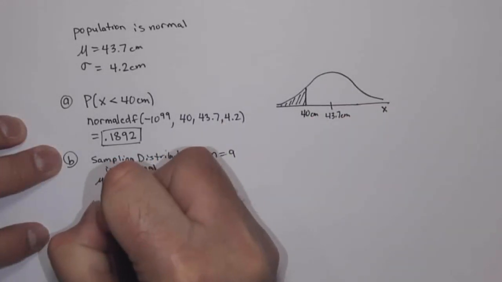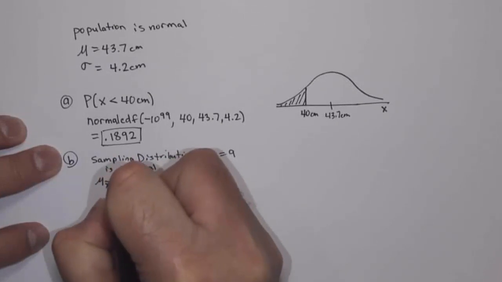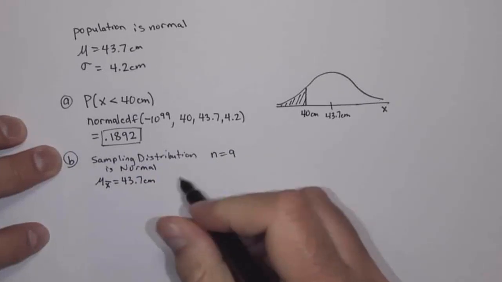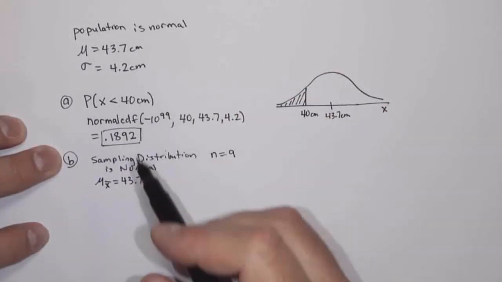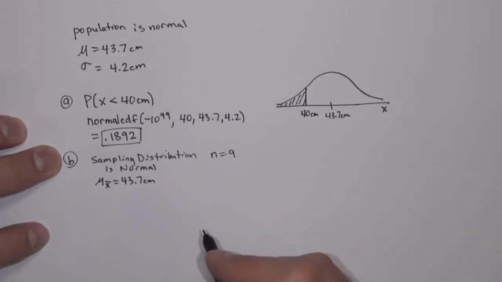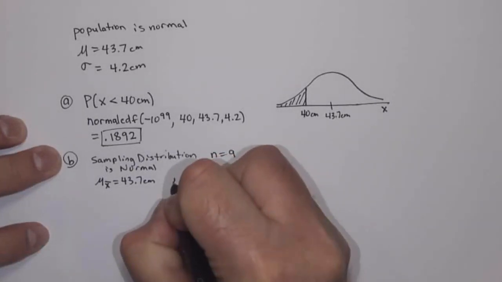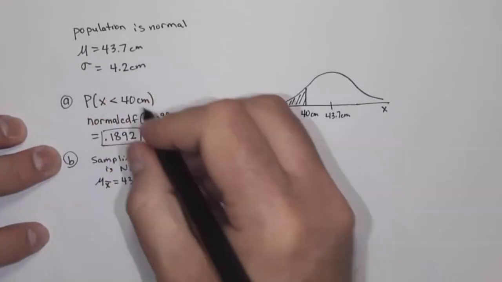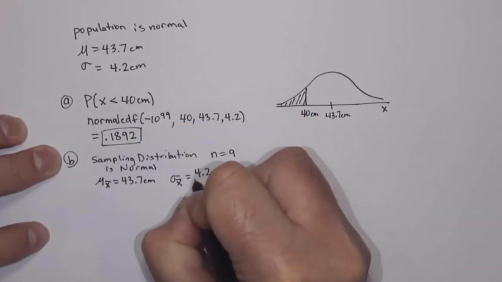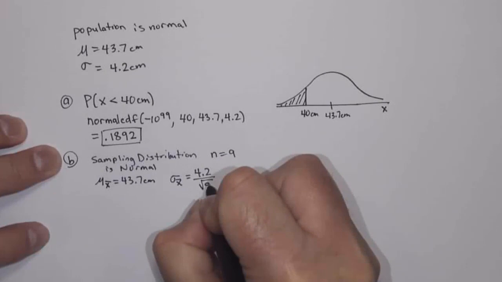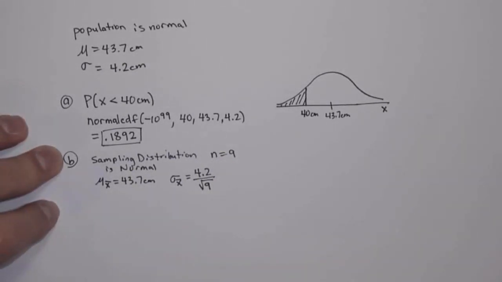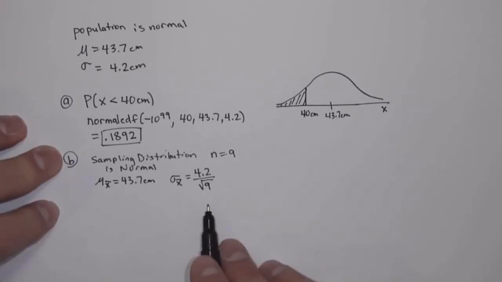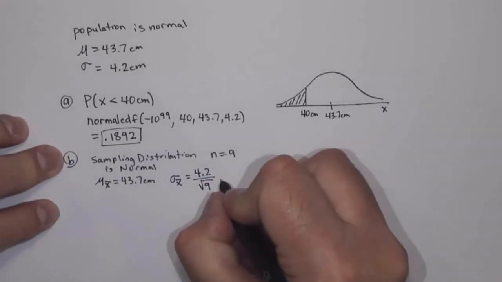The mean of this sampling distribution of X bar is going to equal 43.7 centimeters, which is the same as the mean of the population. We know that from our previous theorem. The standard deviation of this X bar distribution is going to equal the standard deviation of the population divided by the square root of the sample size, which in this case is 9. The square root of 9 is 3, and 4.2 divided by 3 is 1.4.